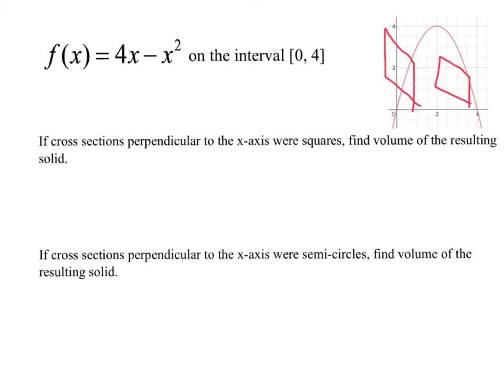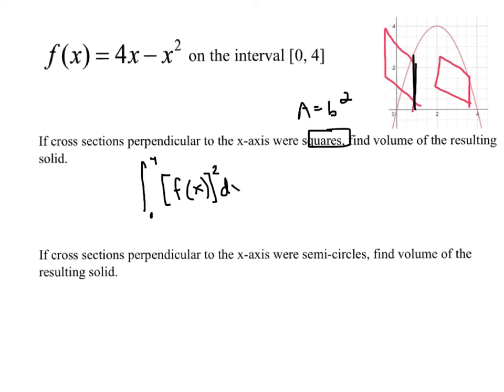So the area of a square, of course, is just whatever the base is squared. Well, you notice the base is just the function's value. So to find the volume, we just integrate from 0 to 4 the base squared. Okay.